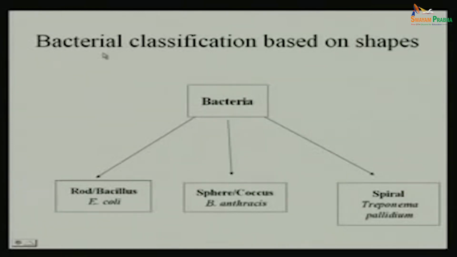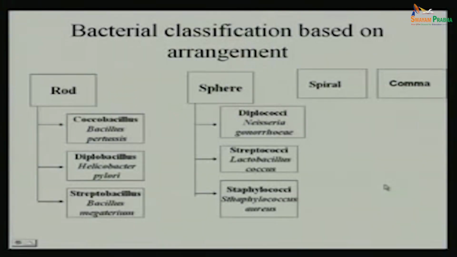The bacterial world can once again be divided into different groups based on shape, that is rod shaped, spherical or coccus, spiral, and comma shaped bacteria. Based on arrangement, the rod shaped bacteria can further be divided into Coccobacillus, Diplobacillus and Streptobacillus.